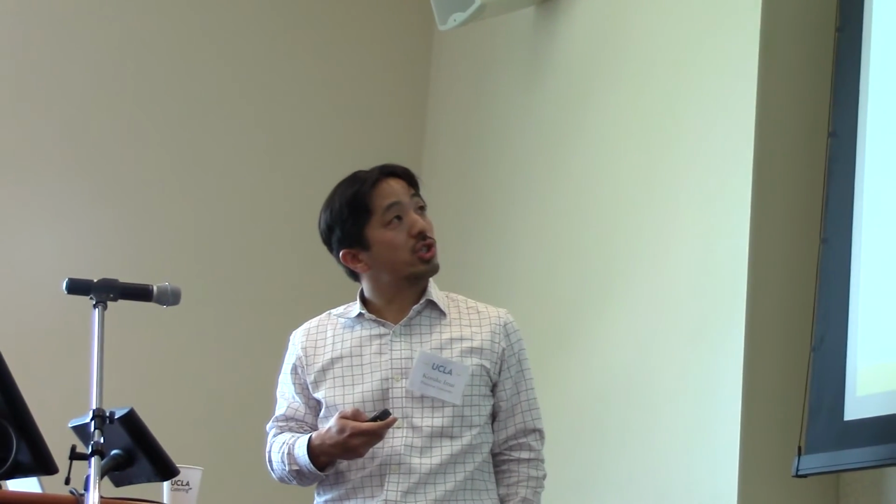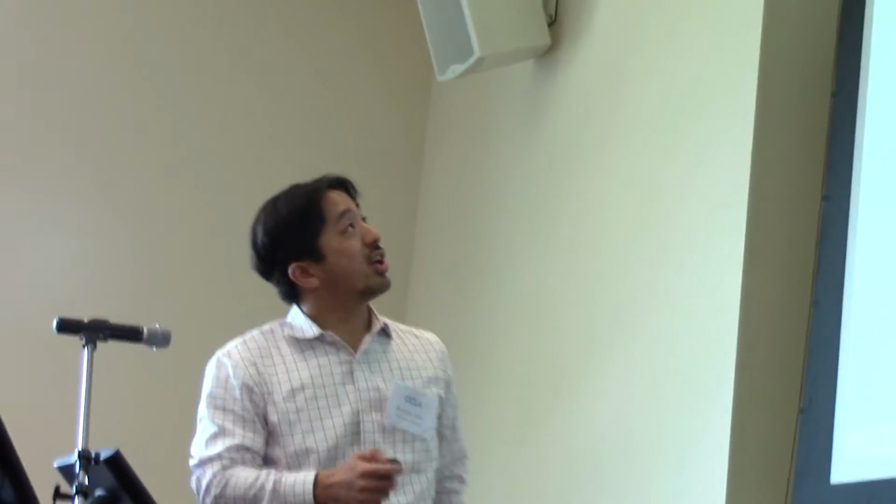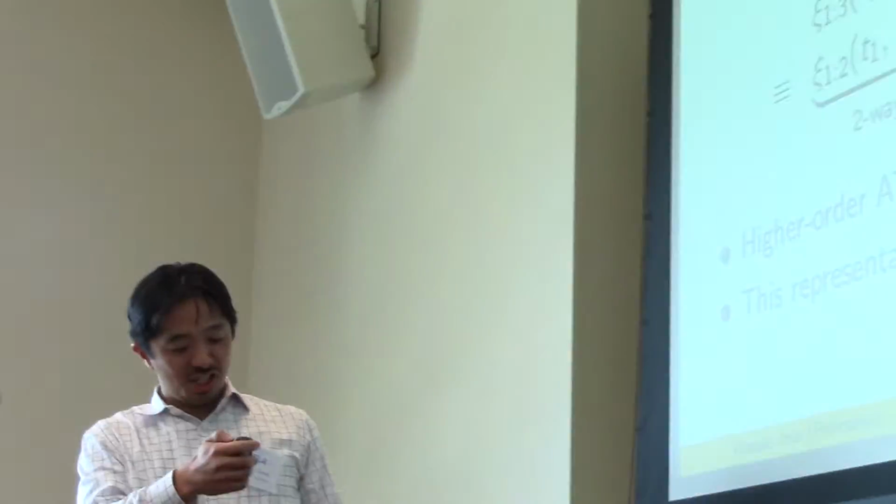Let me show you. Okay, so here is how the conventional higher order interaction is defined. If you look at the textbook, three-way interaction in the conventional approach is defined as the difference between two-way interactions when you set the third treatment to a different value.